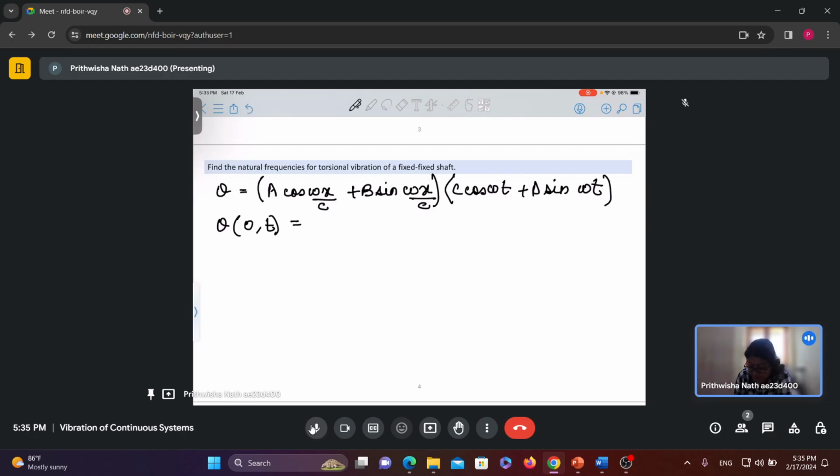So the term containing sine becomes 0, and the cos term becomes 1, so we are left with a, c cos omega t plus d sin omega t. Now from this equation, which is equal to 0, we can say a equals 0.